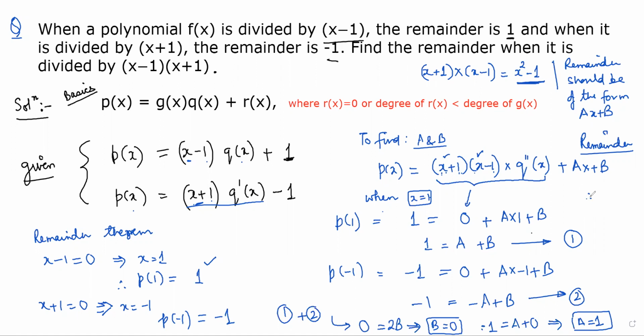Hence, remainder R(x), which was ax plus b, in this case will be equal to, in place of a you put 1, into x plus 0, which will finally give us x. So this is actually the answer for this particular question. So the answer is x. This is what we wanted to find out.